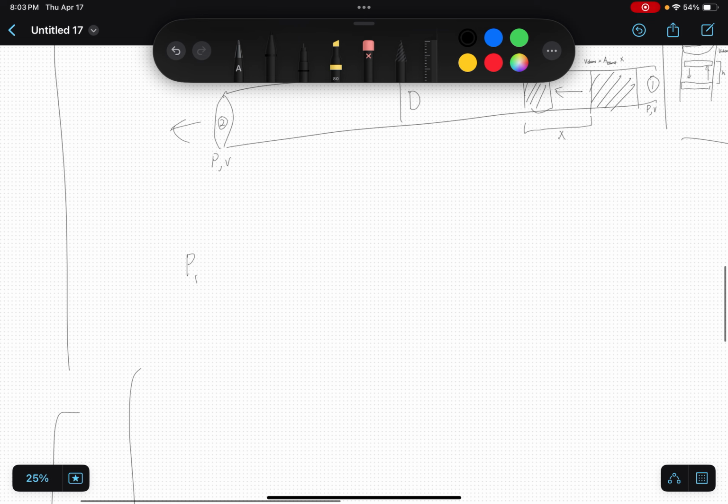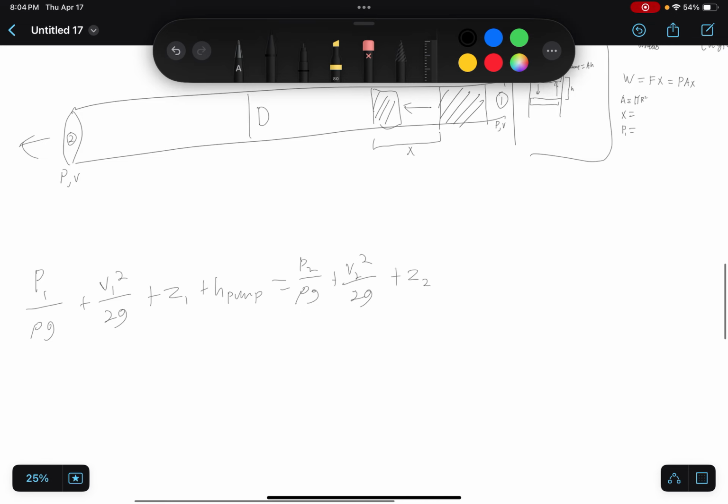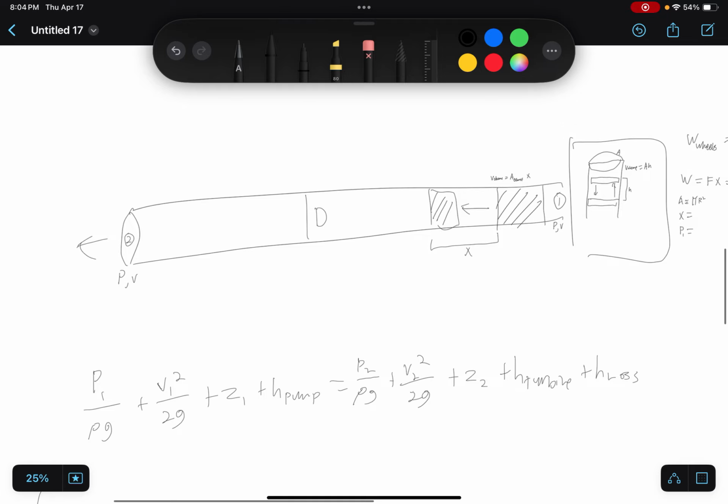It is P1 over density gravity, not 2 times gravity. Okay. Looks pretty complicated. What exactly is it telling you?